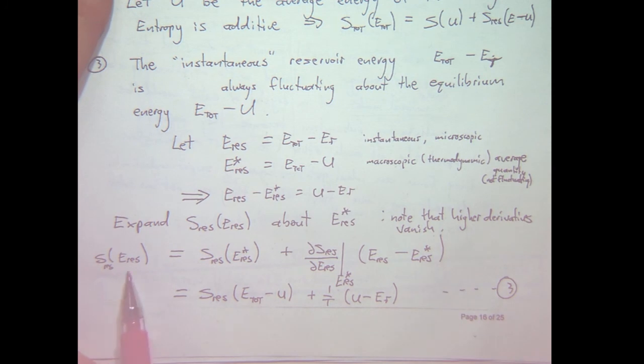So now the reservoir at energy E_res, which is a random variable, is a constant plus the first derivative of the reservoir entropy with respect to the reservoir energy, evaluated at the thermodynamic energy, times E_res minus E_res star, because we're expanding about E_res star. This is a linear term, and all higher terms are zero because it's a reservoir.